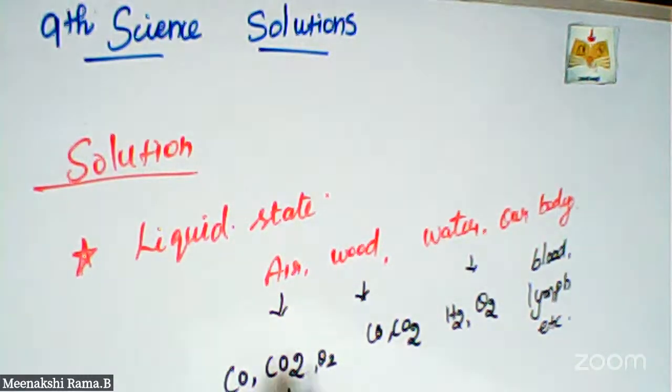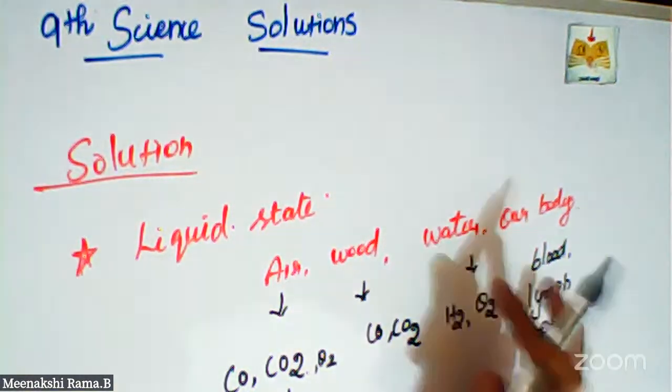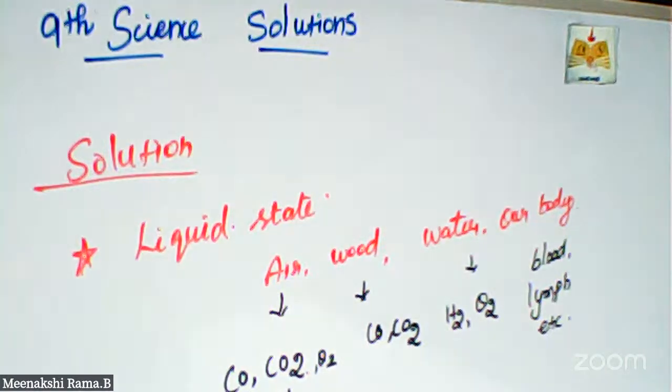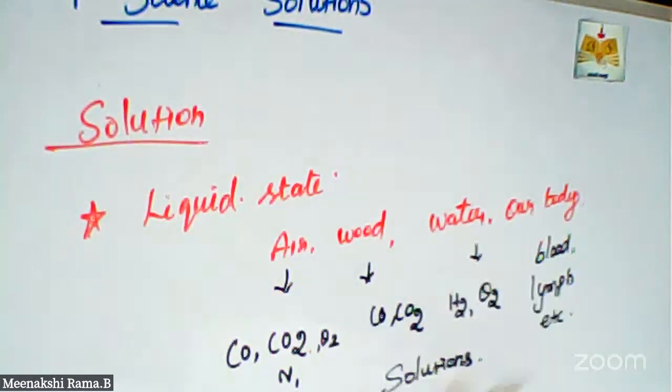Air contains different kinds of gases, wood contains different kinds of materials, water contains different kinds of molecules, and our body contains blood, water, urine. These kinds of materials are called solutions.